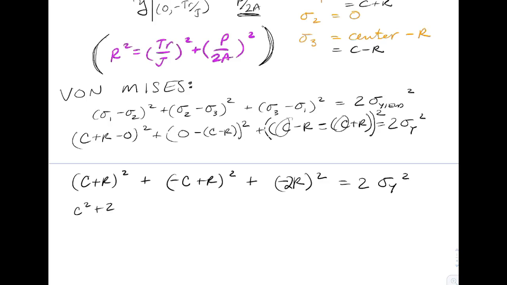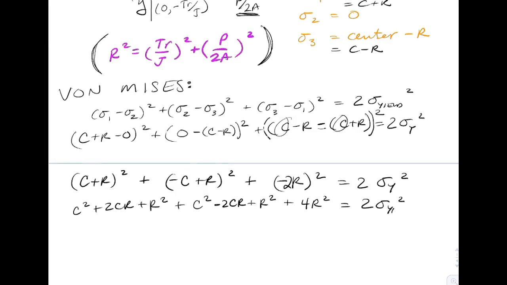Multiplying this out, that would be the first term. Second term, we'll end up with the c squared and r squared. In the middle, we'll have minus 2cr. And then the last term would be 4r squared equal to 2 sigma yield squared. Again, I like to say yield to make sure we're not confusing that with sigma y.